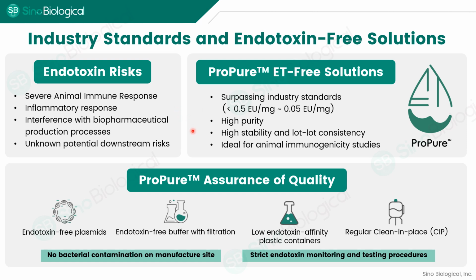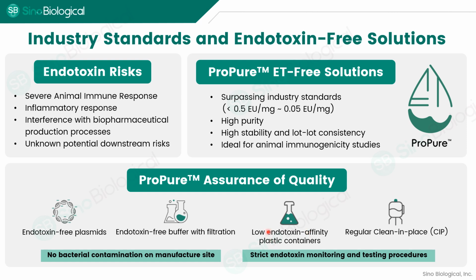So how can Cytobiological make the protein so pure in terms of endotoxin level? That's because we are using our Pure Assurance quality system. From the beginning of the production, we use endotoxin-free plasmids and endotoxin-free buffer with filtration, as well as low endotoxin affinity plastic containers in our process center in Houston, Texas.